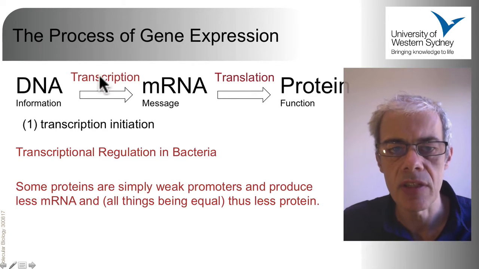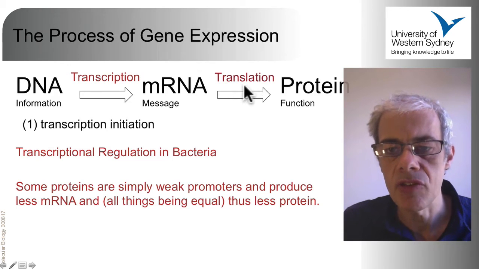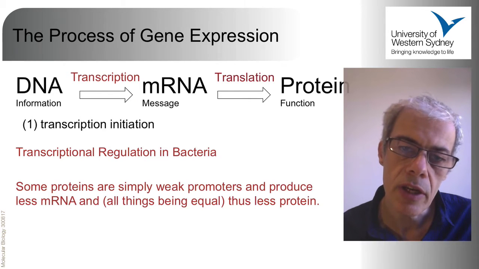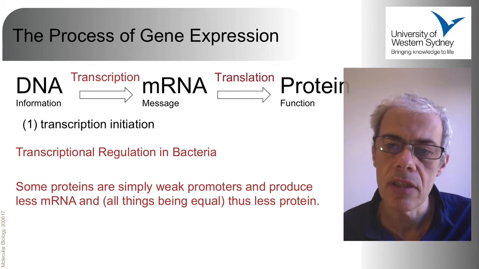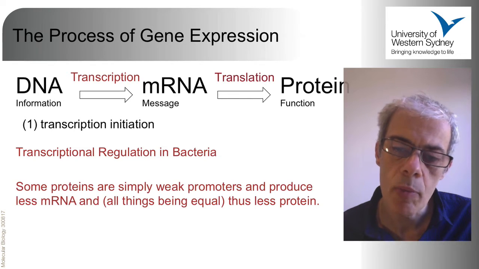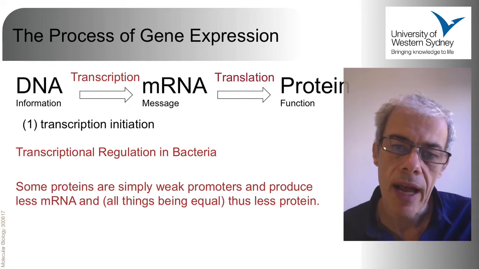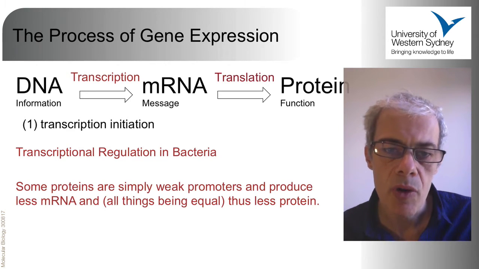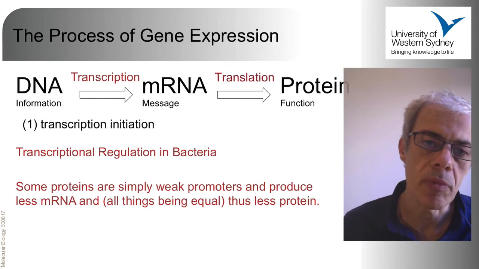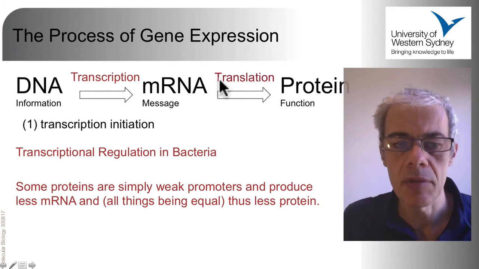Whilst DNA is being transcribed, it can begin to be translated straight away. Whereas in higher eukaryotes, transcription occurs in the nucleus, and then the messenger RNA has to be transported out of the nucleus into the cytosol, where it is translated. So there are more opportunities to regulate this process in eukaryotes because the two processes are separate, whereas in prokaryotes like bacteria they happen almost at the same time. Before transcription is finished, translation begins.